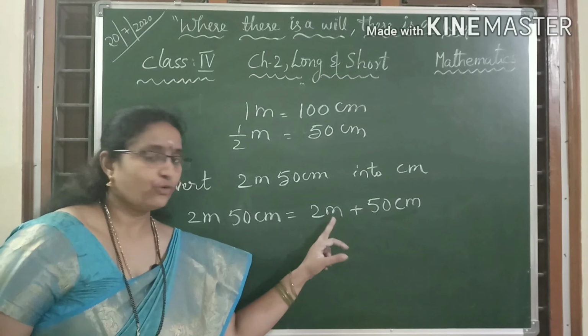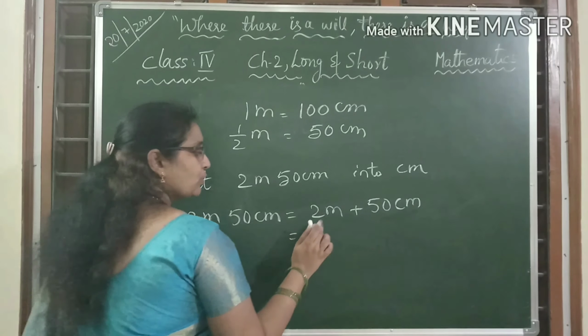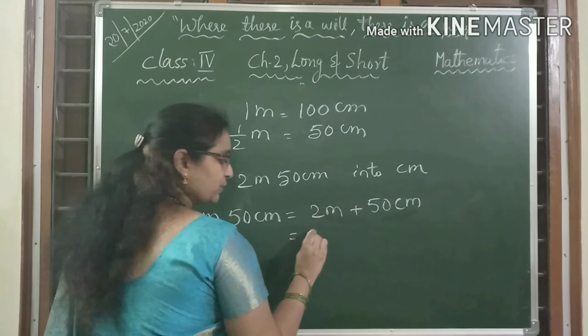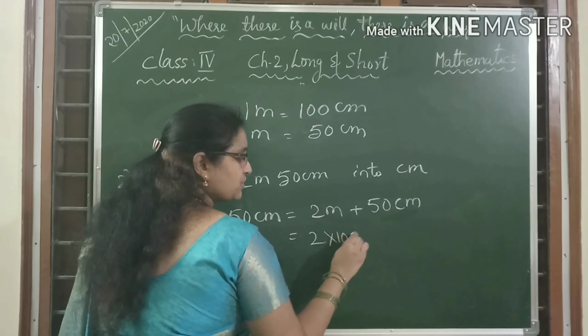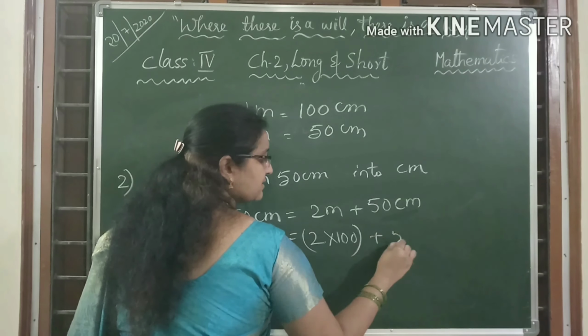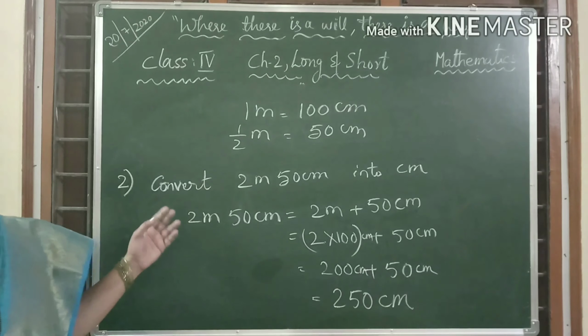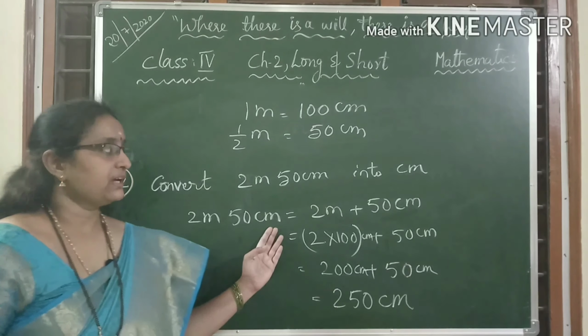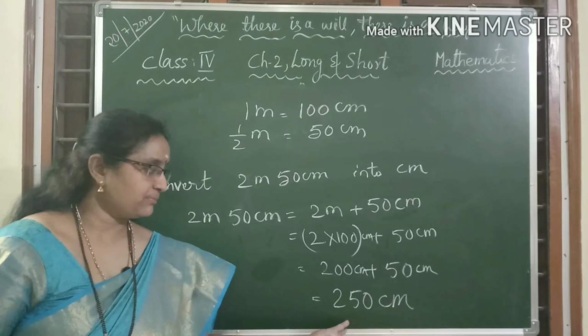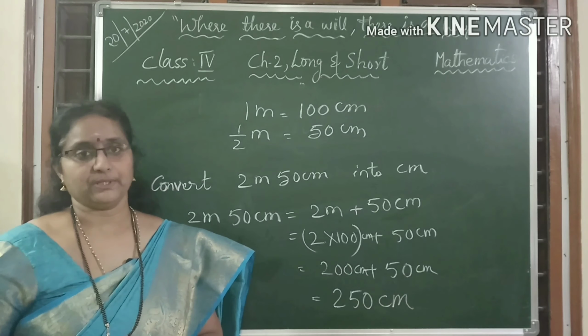We need to convert only 2 meters. So 2 meters means 2 into 1 meter, which is 2 into 100 plus 50 centimeters. This is 200 plus 50, which is 250 centimeters. So 2 meters 50 centimeters converted into centimeters is 250 centimeters.